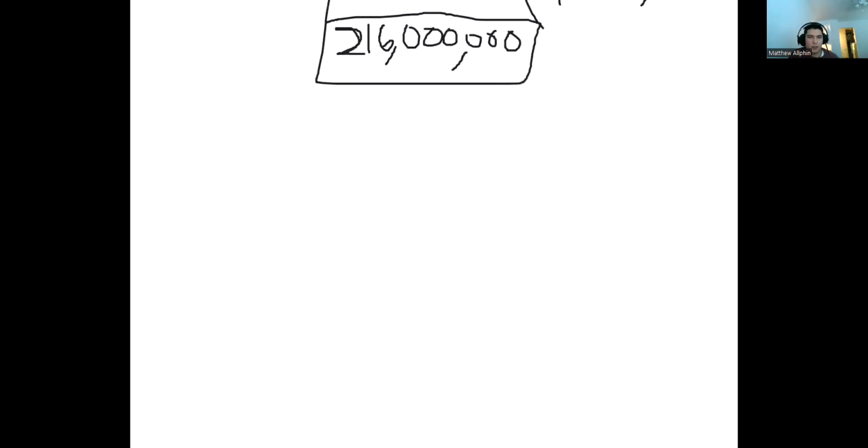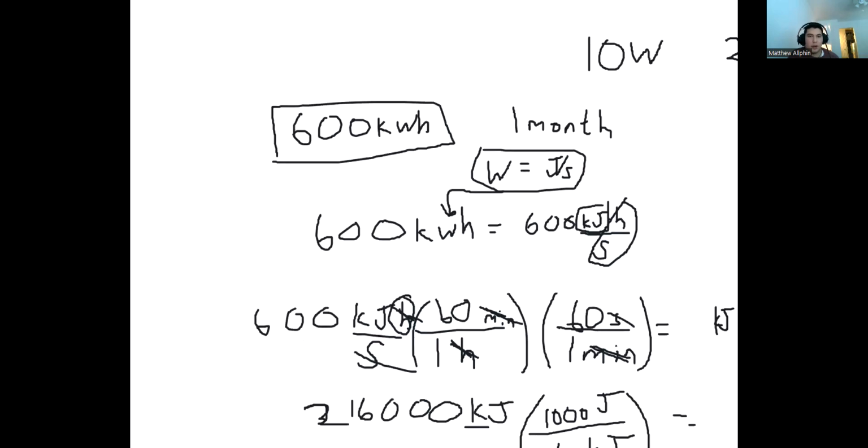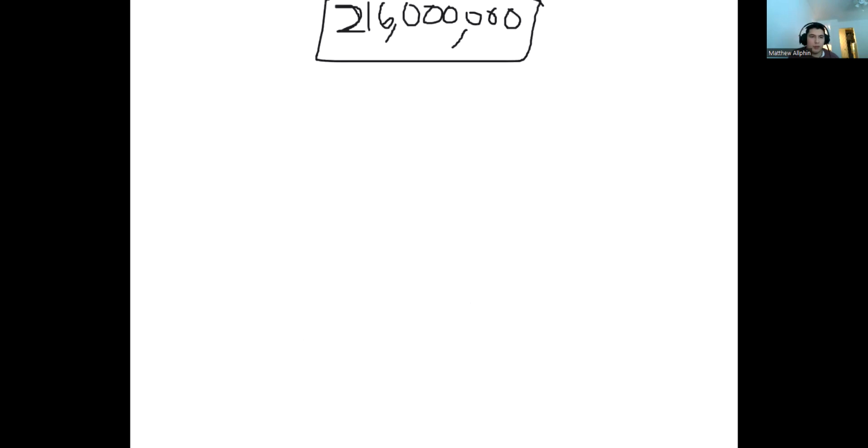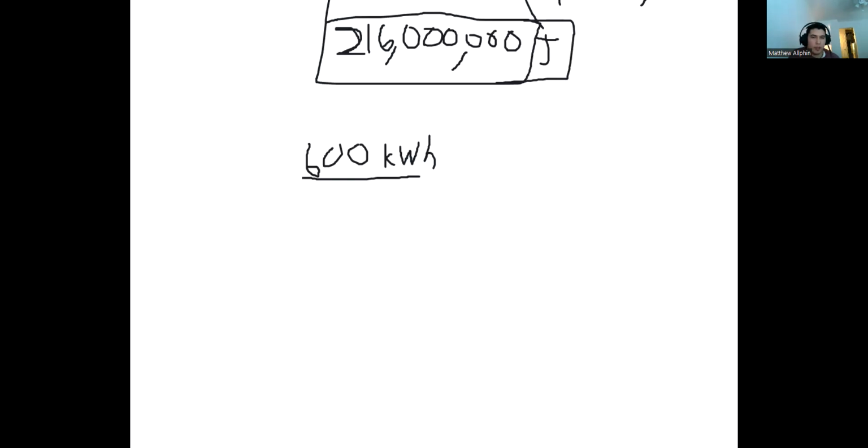If I'm looking for the average, it's asking for the average amount of energy I use in a day, right? So if I know I use 600 kilowatt hours, and you could also use the joules here, but I'm not going to do that. I'm just going to use what they gave me, and then over 1 month.